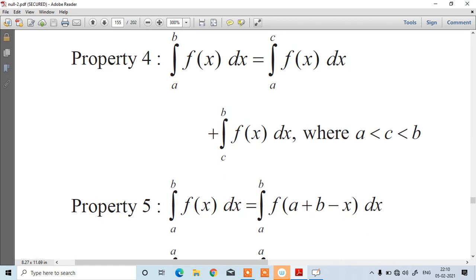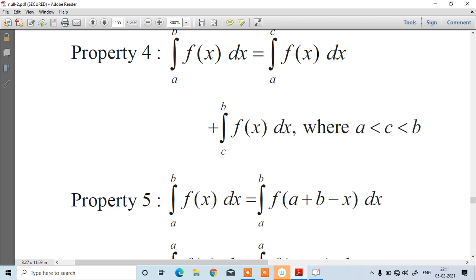See, the original function is f of x. We have to change it to f of a plus b minus x dx. Then the integrations are the same. So f of x changes to f of a plus b minus x. This is property number 5. We will solve some examples, then you will get a clear idea about this.